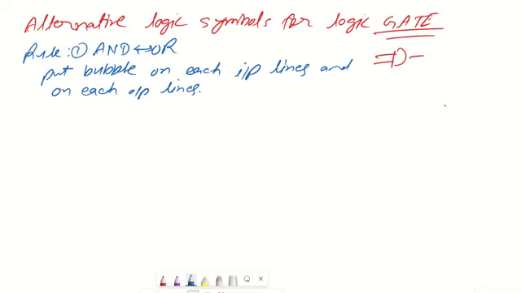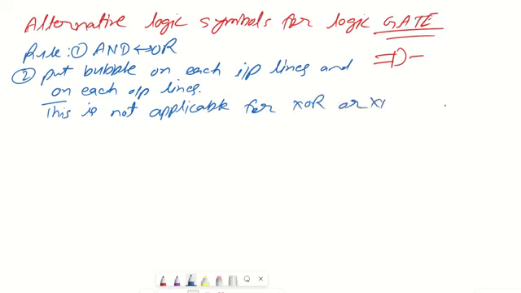This is my first rule, this is my second one, and the third one is that it is not applicable for XOR gate and XNOR gate, okay. Understood?